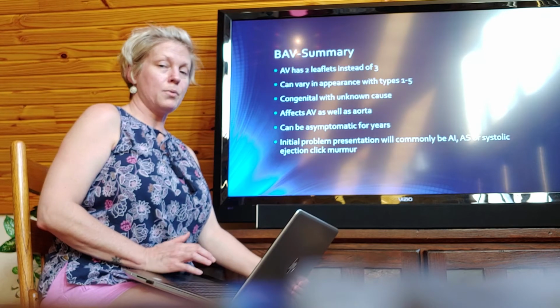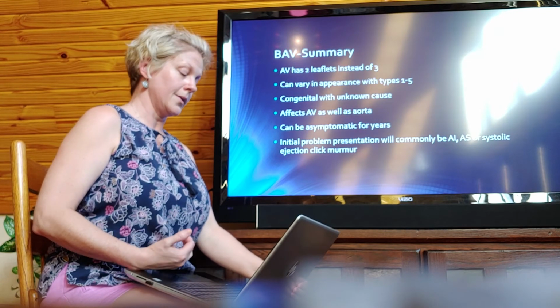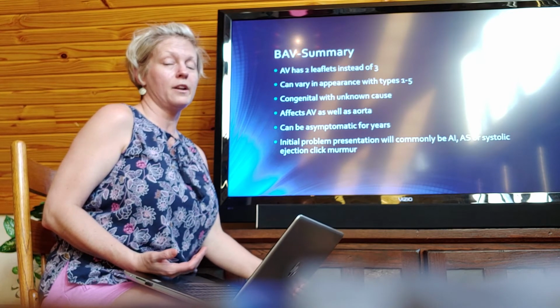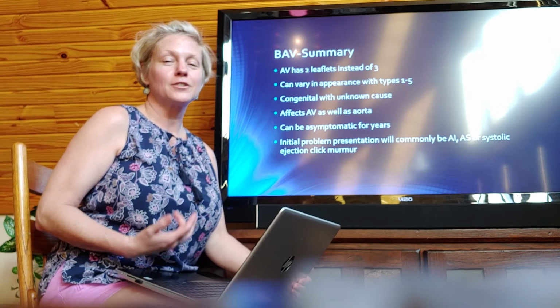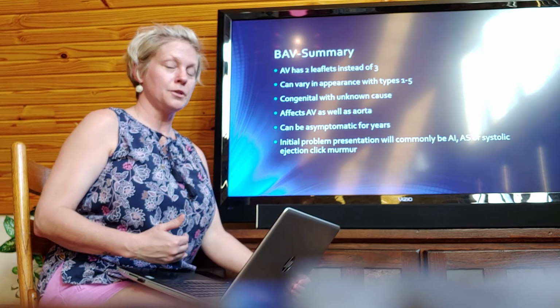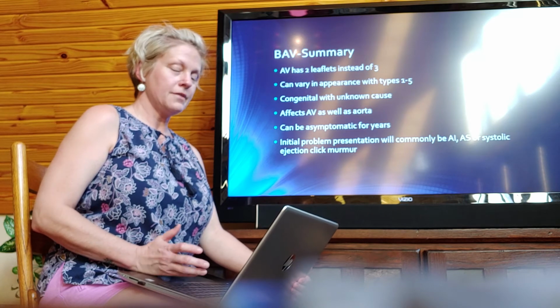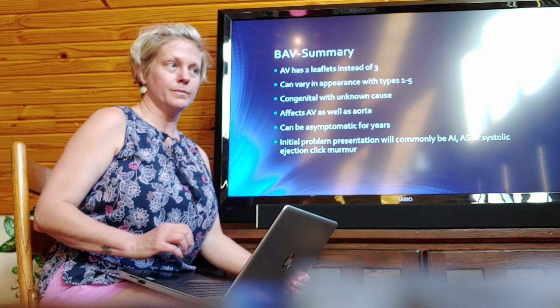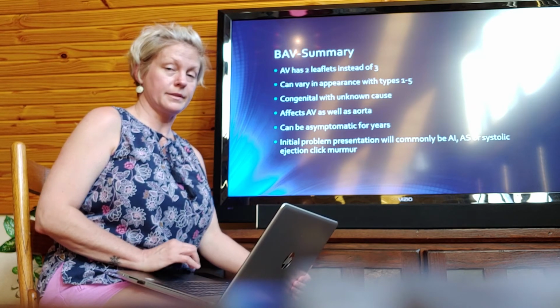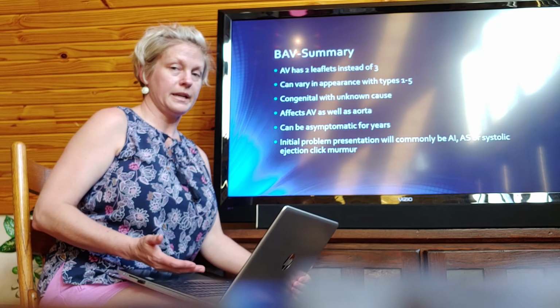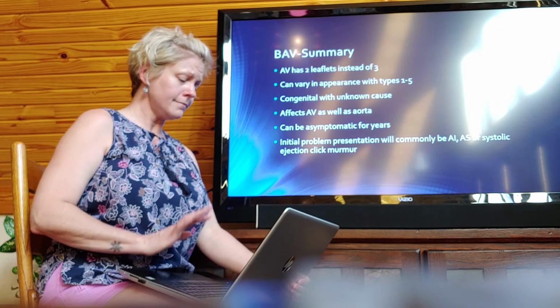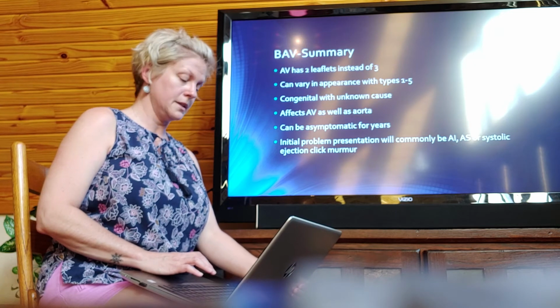Summary, so some high points, at least that I took away from this. The bicuspid aortic valve has 2 cusps instead of 3. They can vary in appearance, so 5 different appearances or presentations, according to that number. That's part of the official name as far as I know.